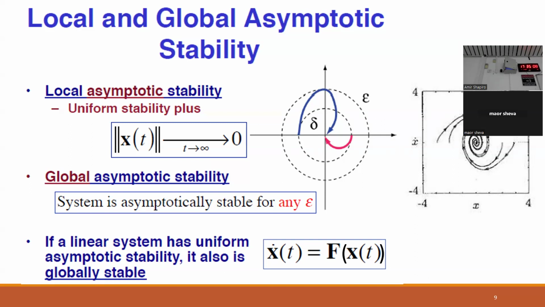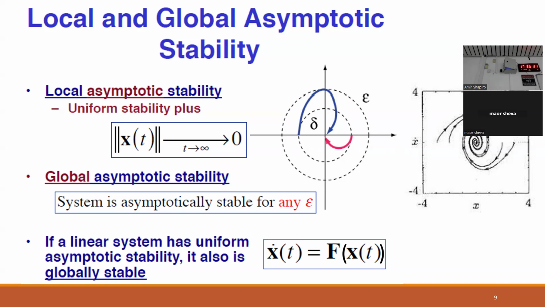It can be local asymptotic stability if the system converges only from a certain domain, a certain radius from the origin. For states that are further away, it will not converge. This is local stability.